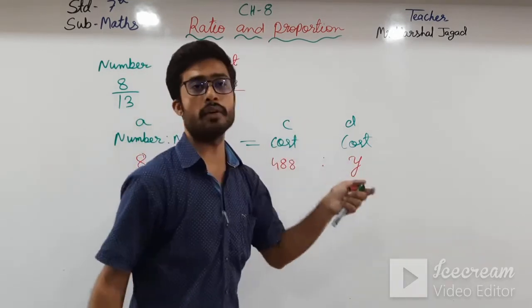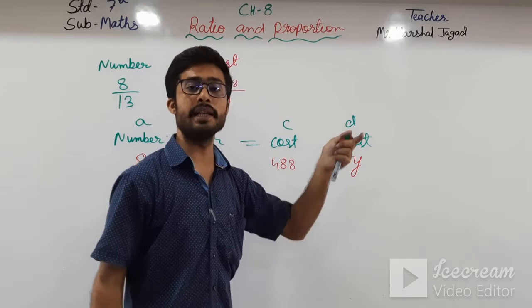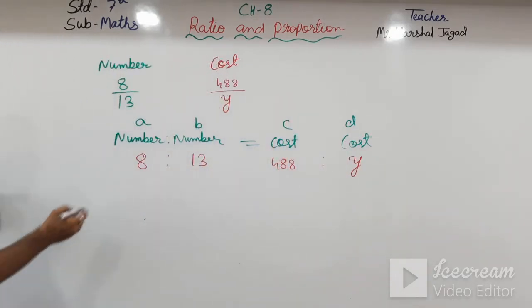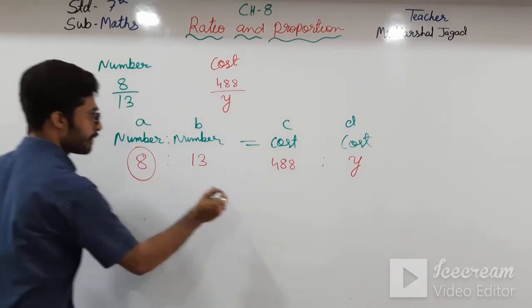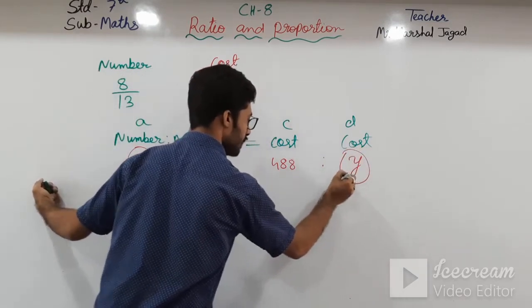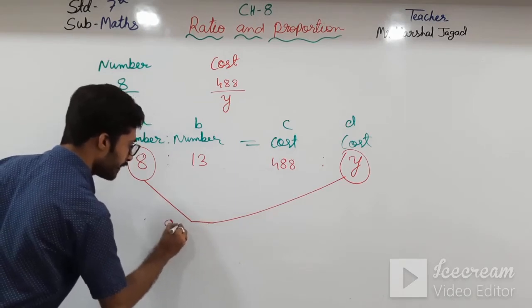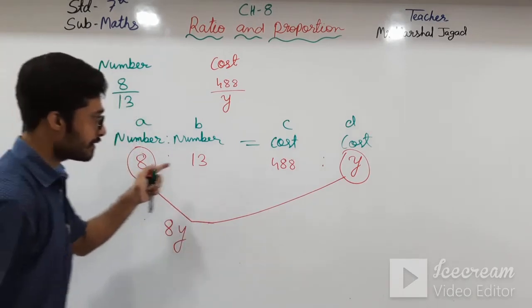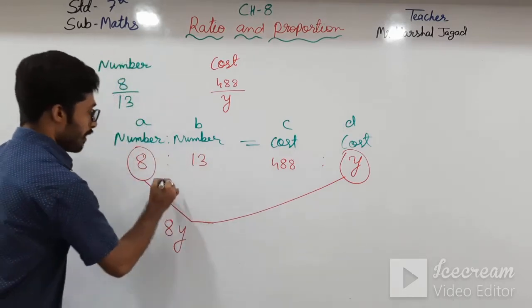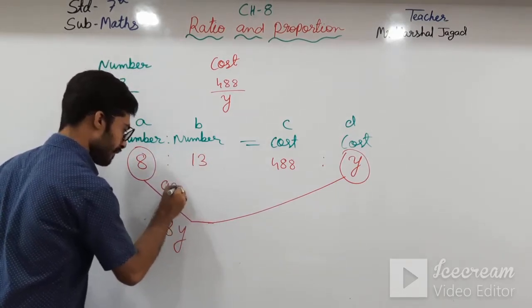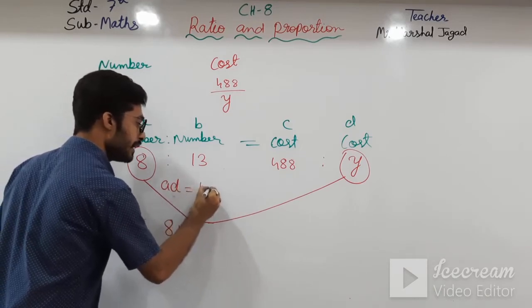So we can take any variable: x, y, z, a, b, c, d, a to z. So what we have to do: if I take here 8y, this is AD, is equal to BC.